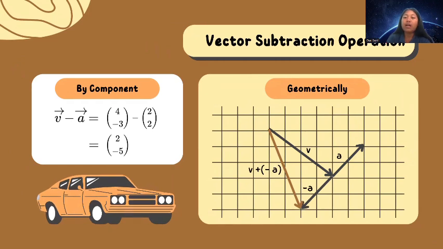Subtracting vector A from vector P is the same as adding vector P to the negative of vector A. The formula: P plus (-A) equals (x1 minus x2, y1 minus y2). And the example: vector V minus vector A equals (4, -3) minus (-2, 2), which equals (2, -5).